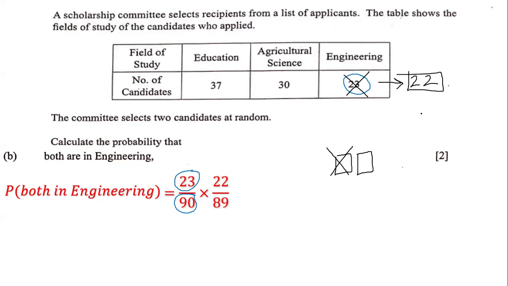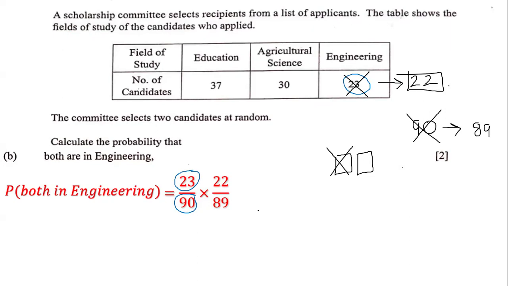But also it's no longer going to be 90 candidates to choose from in the entire group, because you already selected one. So it's going to be 89.